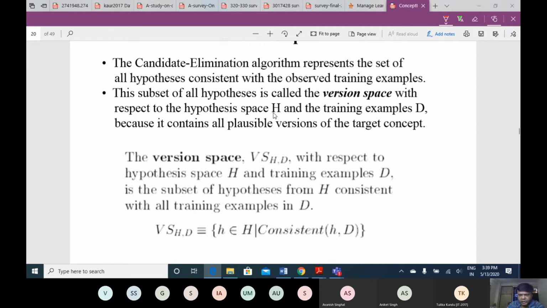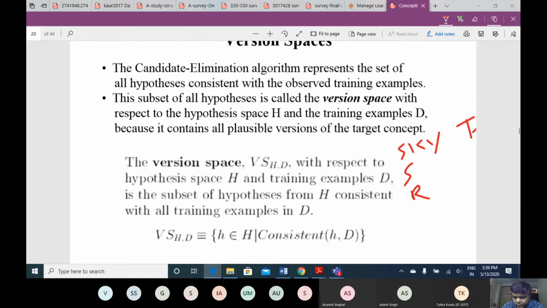So if there are only two features, I'll just try to enumerate all hypotheses, where sky has two values, sunny and rainy, and temperature has two values, warm and cold. So what are the specific hypotheses? One is phi, then another is SW, SC, RW, RC. These are all specific hypotheses.